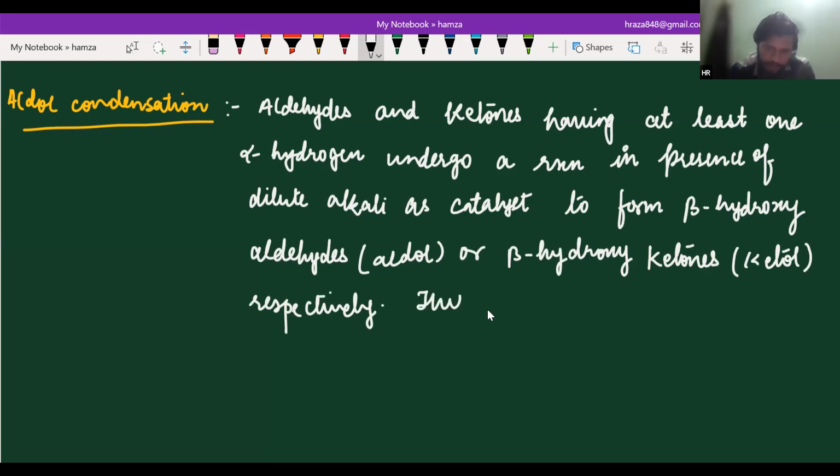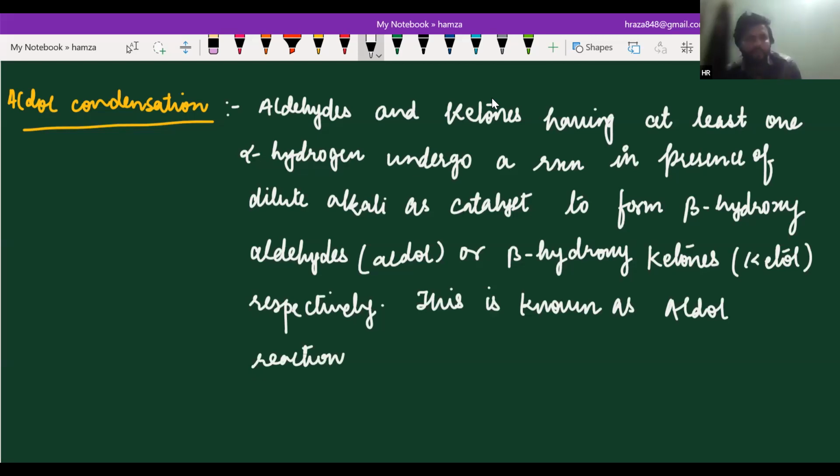This is known as the aldol reaction. First of all, you are going to write it, and then I'm going to explain it with an example.